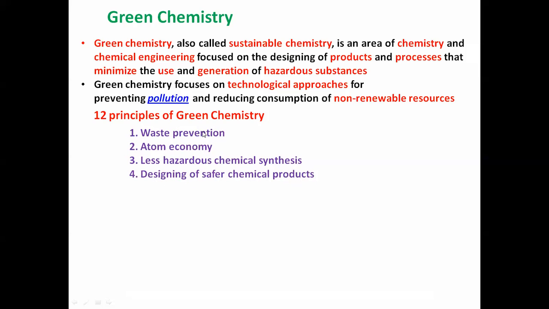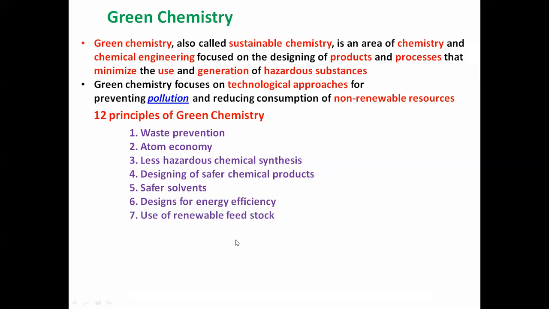We have to prevent waste, enhance atom economy, utilize chemical synthesis where hazardous chemicals are not used, and design safer chemical products, talking about products. Then safer solvents and reaction conditions; solvents should be safe. Designing for energy efficiency, less energy input.